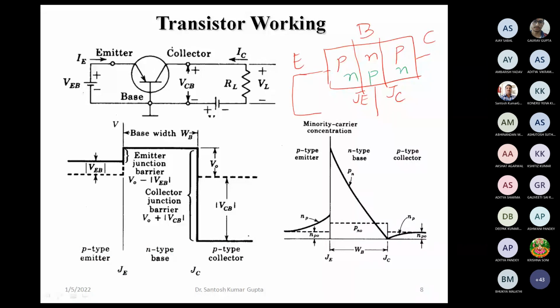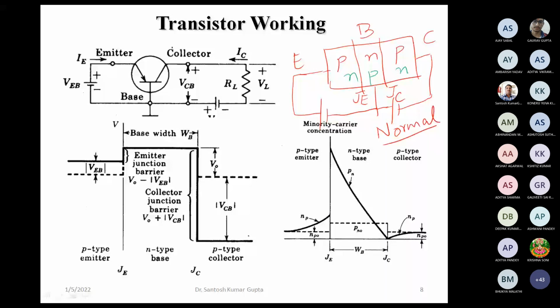Okay. So if we have, say, PNP, then we need to apply a forward biasing potential across the emitter junction, and we need to apply a voltage such that this collector junction is reverse biased for the normal action of the transistor.